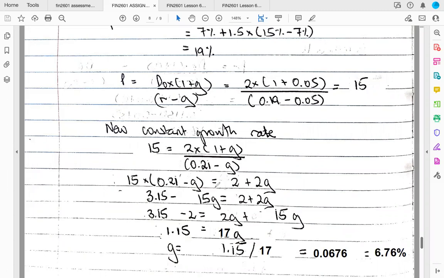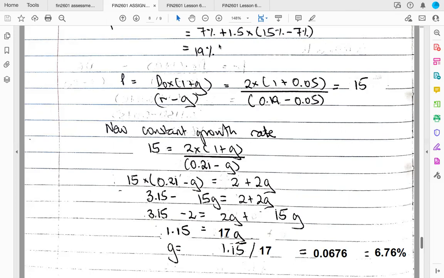You group like terms, take everything with g to the same side, meaning we take the minus 15g to be with 2g, and we take the 2 to the other side to be with 3.15. You simplify that, you get 1.15 equals 17g. Divide both sides by 17: 1.15 divided by 17, and we get 6.76% as our growth rate.